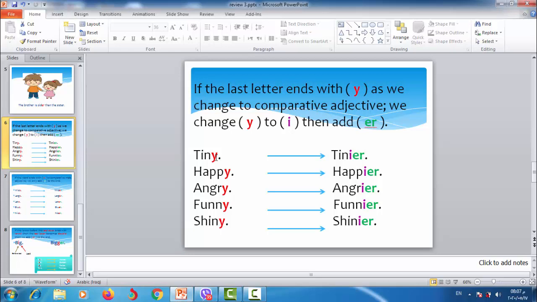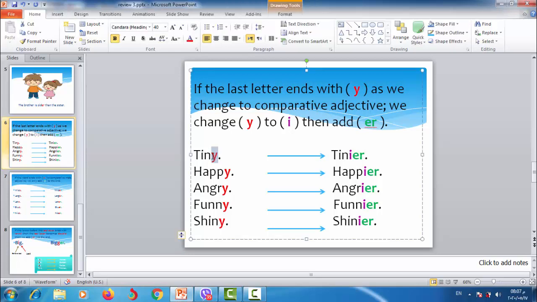Look, tiny ends with Y. So to change this word to comparative adjective, first of all we have to change Y to what? I. Y to I, then adding ER.